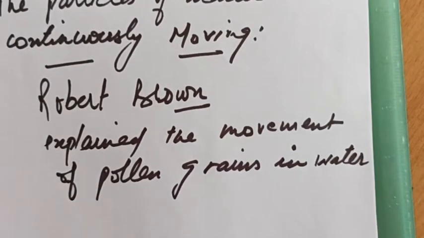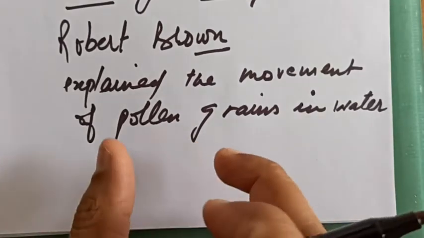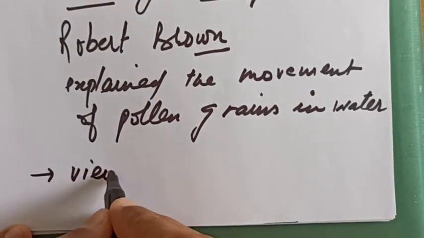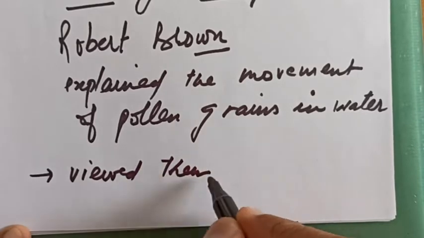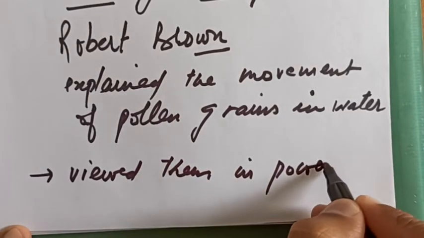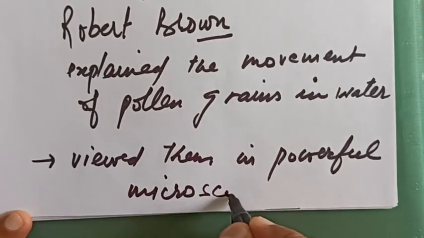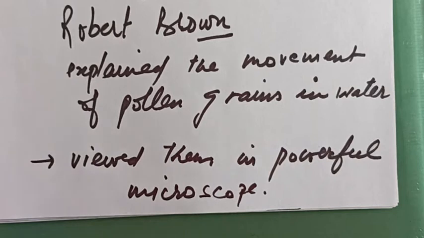When he added extremely small pollen grains to water and viewed them in a powerful microscope, what did he observe? He found that these grains were having a rapid zigzag movement.